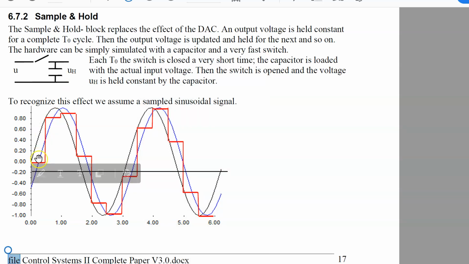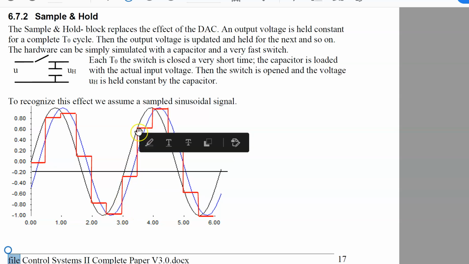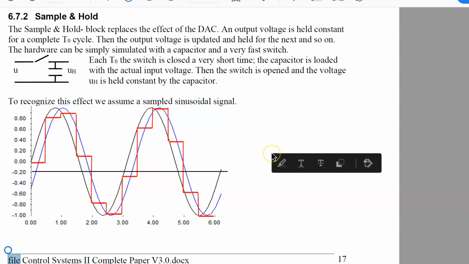Here I sample the point. This voltage is held. New sample, holding, new sample, holding, new sample, holding, and you see the black curve is converted by this sample and hold block into the red curve. Wow. The resulting red curve now is the basis for my digital system.